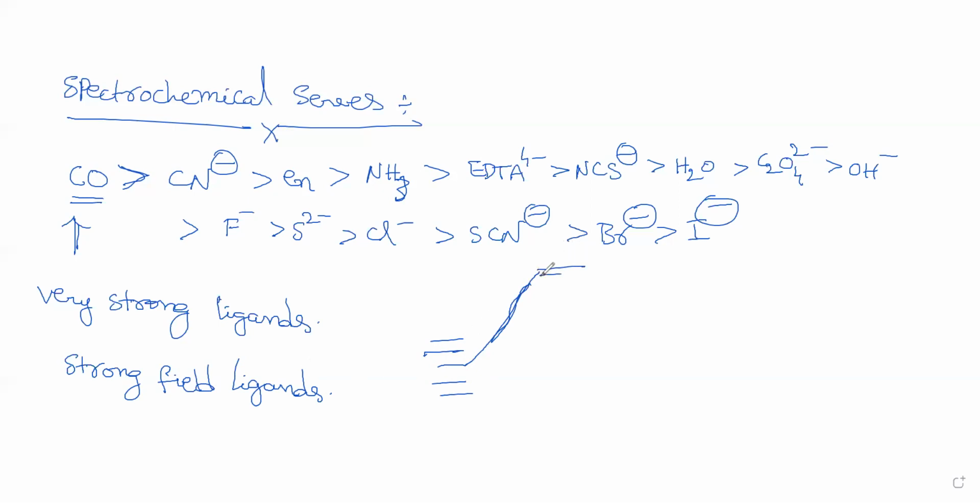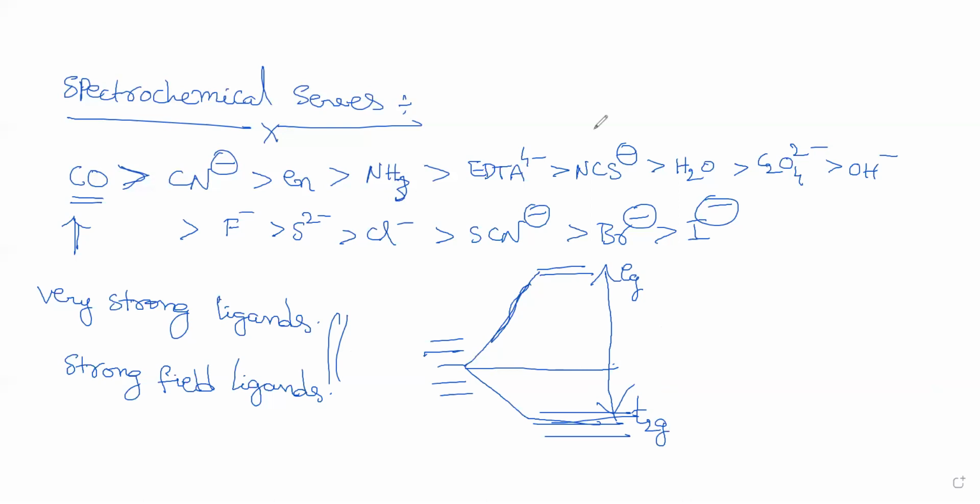If the ligands create very strong repulsions, the gap between the Eg and T2g orbitals will be more if the ligand strength increases.